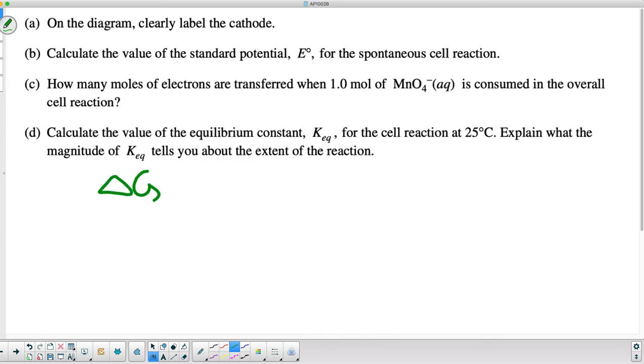Here's one thing that we know. We know this to be true. Oops, that's E cell. Should be that right there. And then I know that this is also true.